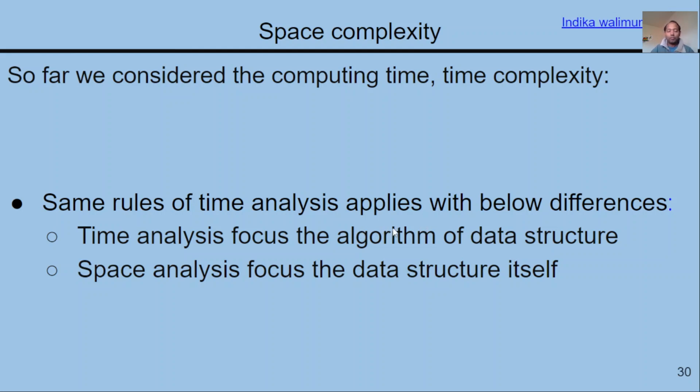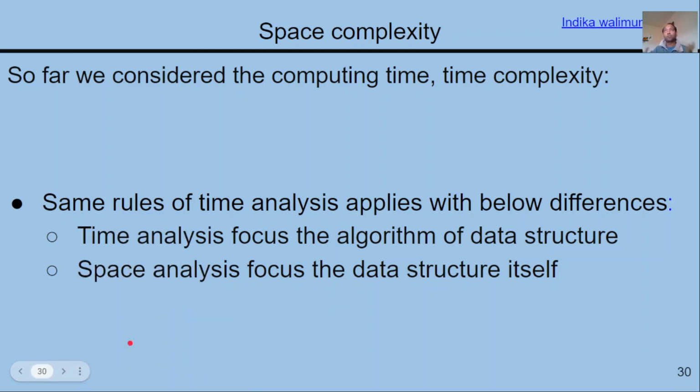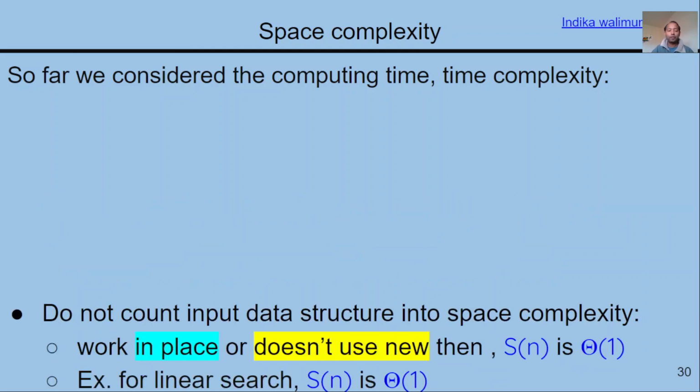There are small differences: time analysis concentrates on the algorithm, while space analysis focuses on the data structure itself. Makes sense, right? Because we deal with memory with the data structure, not the algorithm.